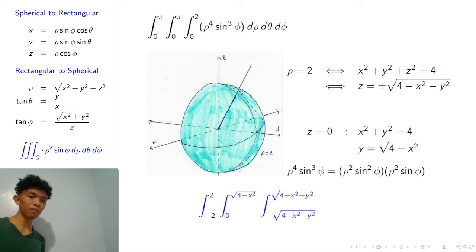And for your integrand, rho squared sine squared phi will actually be just given by x squared plus y squared. So you can verify that x squared plus y squared is just rho squared sine squared phi. So you have this one. And of course, you have the used ordering dz, dy, dx.